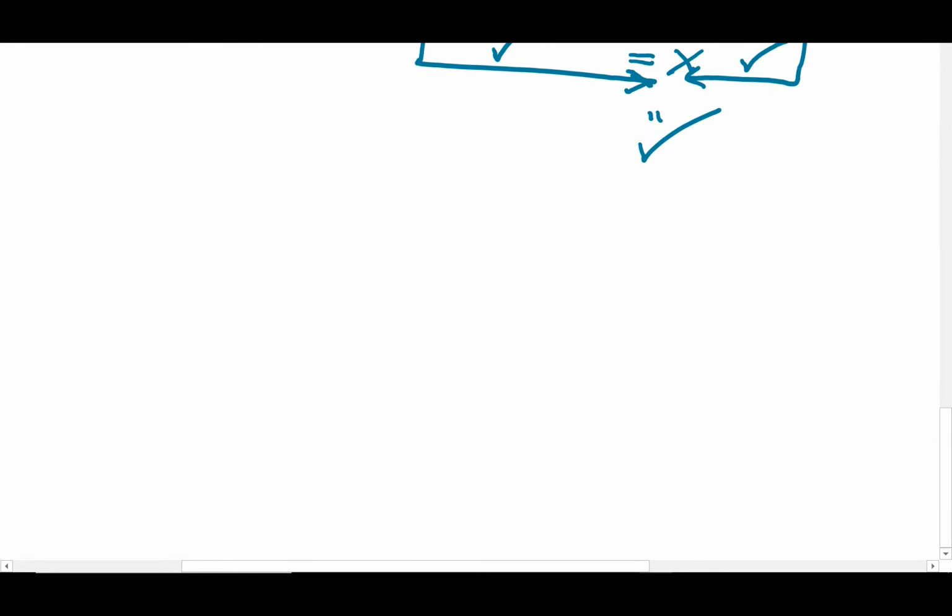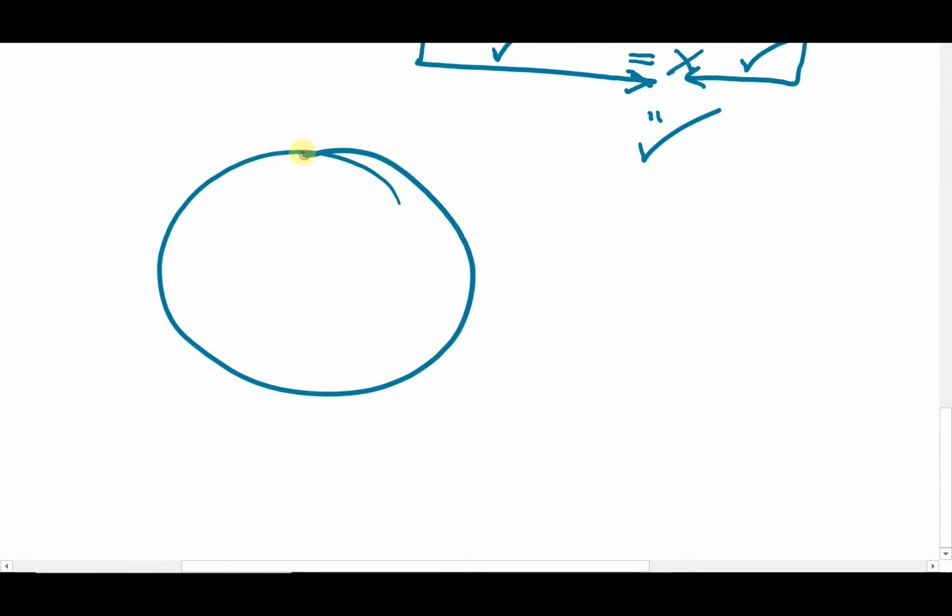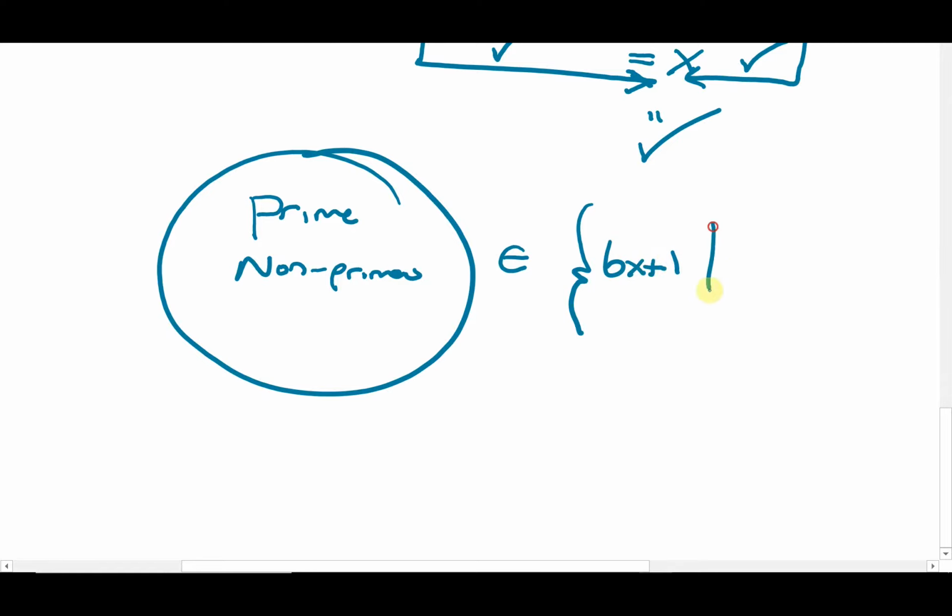And the reason for that is, we have the set of prime and non-primes. This resides in the set. So basically we have 6x plus 1 such that x is greater than or equal to 0.